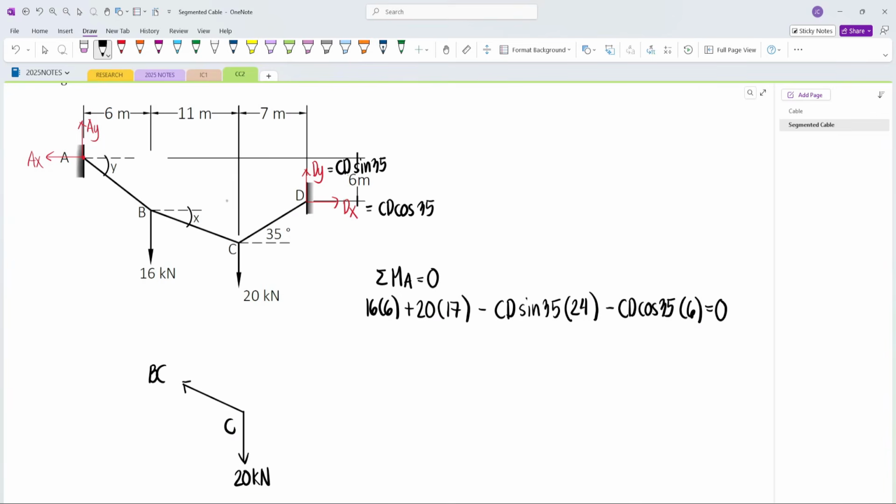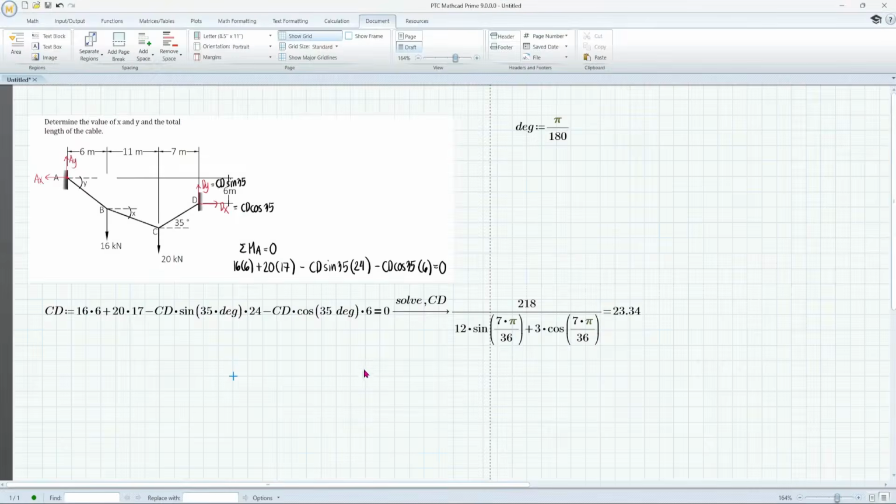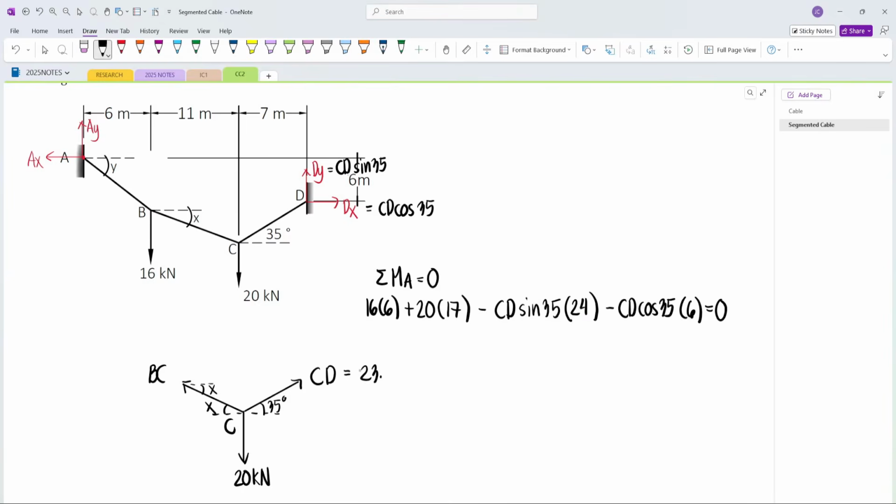BC. Ayan, inclined at an angle X. If this is X, then alternate interior angles, this is also X. Tapos sa kabila naman, we have CD. CD. Ayan, inclined at an angle of 35 degrees. Then, alam natin na yung CD, value niya is 23.34.